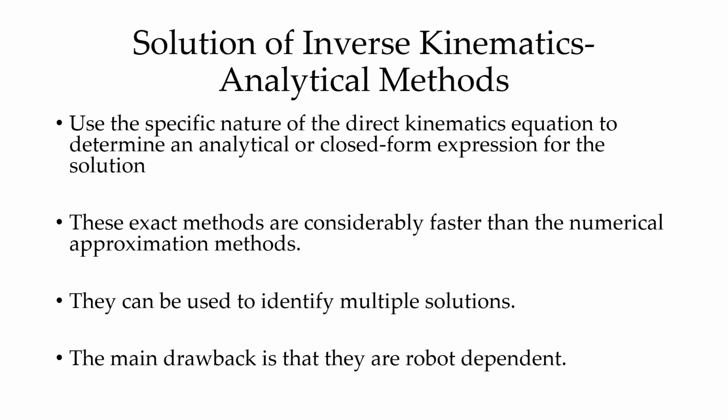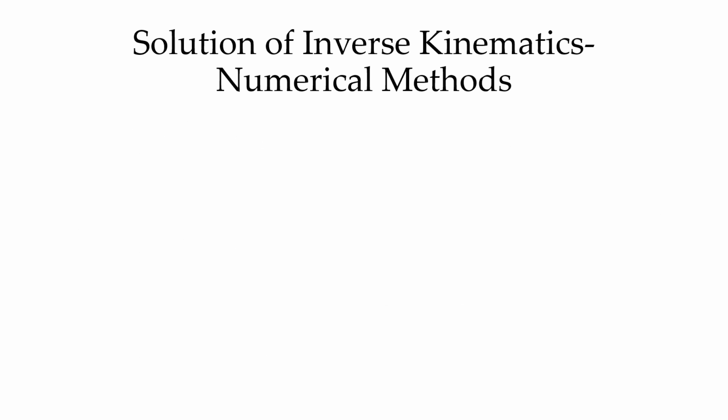So that is the main drawback of this kind of methods. The next method, which is also a very popular method, especially when we use computers or some kind of processors for finding out the inverse kinematic solution, is numerical methods.